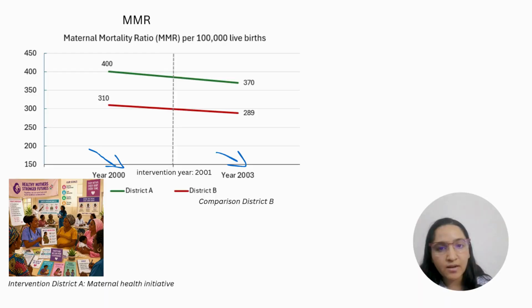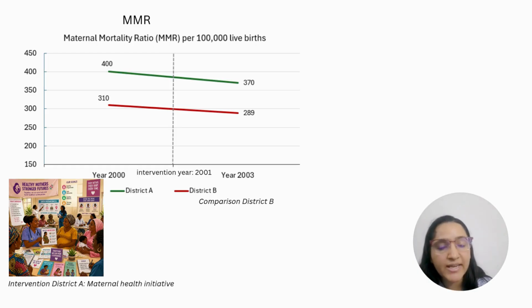So there was an intervention, this is hypothetical, okay? Suppose there was an intervention called maternal health initiative intervention that was implemented in the year 2000 in District A, but not in District B.